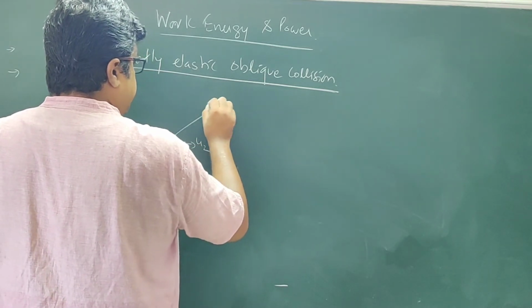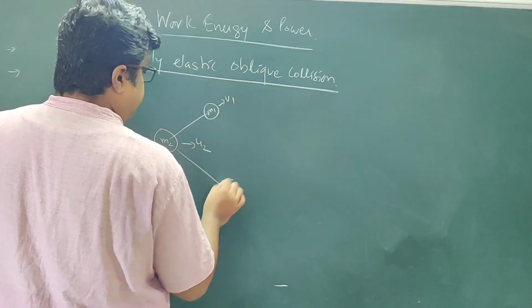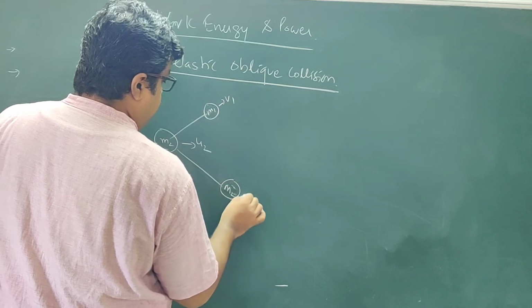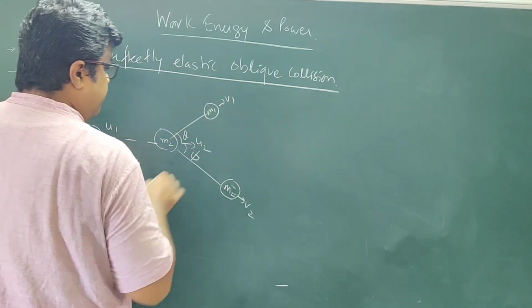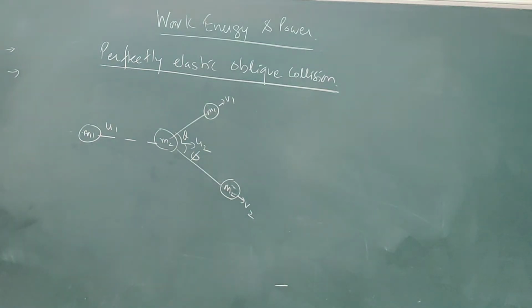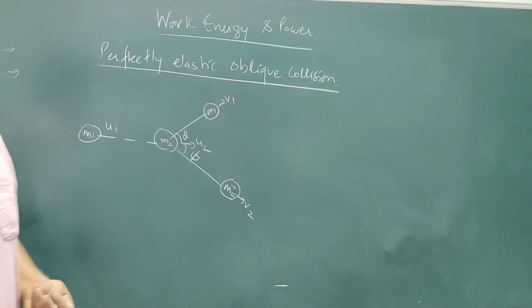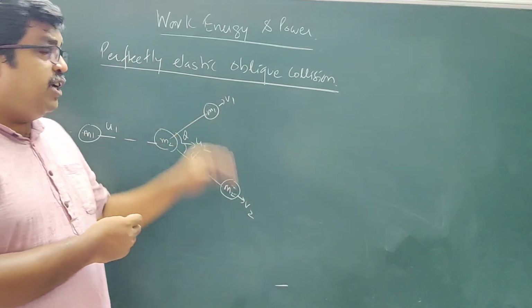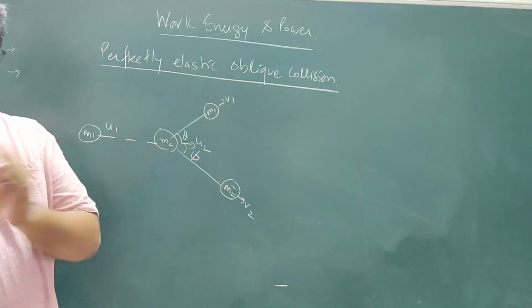After collision, this m1 moves with velocity v1, m2 moves with velocity v2. Suppose this angle is theta, this angle is phi. If I have to use the principle of conservation of momentum, since the bodies are moving in two dimensions, I have to apply conservation of momentum along the x-axis and along the y-axis separately.